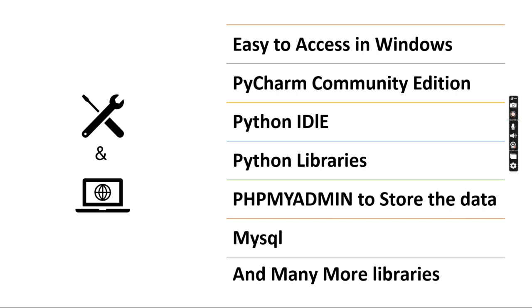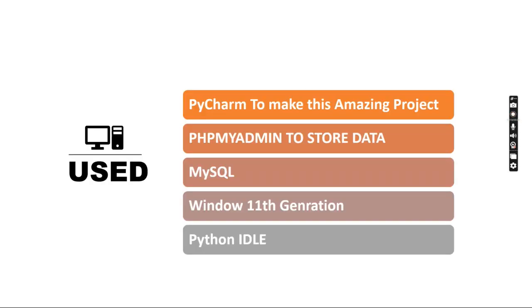The hardware and software look like this. You can easily run this project on any Windows, and I made this project using PyCharm Community Edition, using Python libraries, and I used PHP to store the data and MySQL to make the project tables, and I used many more libraries.